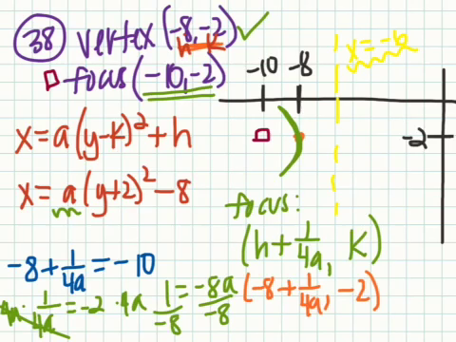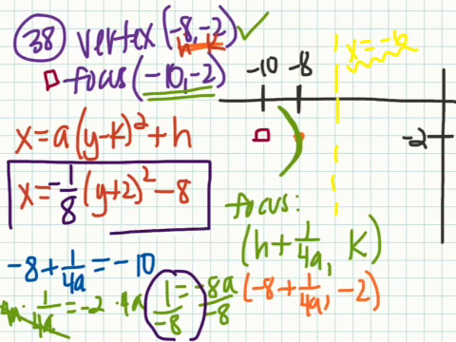So if we go back to the equation, I'm just going to erase the a that I have here, and we can replace it in that equation. So that's our final vertex form for that parabola.